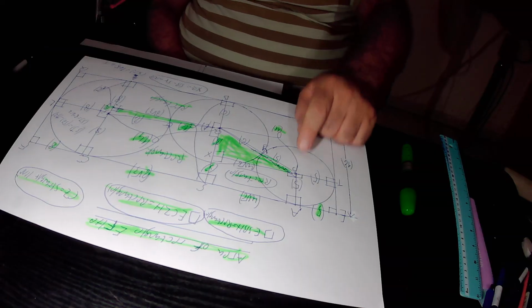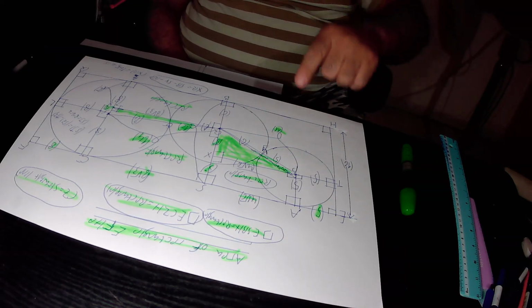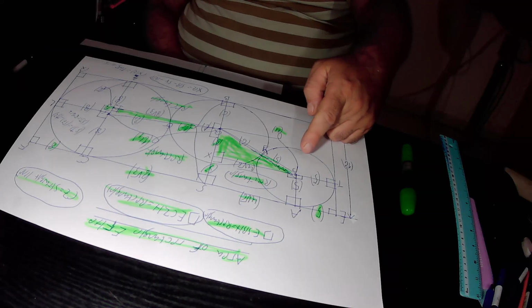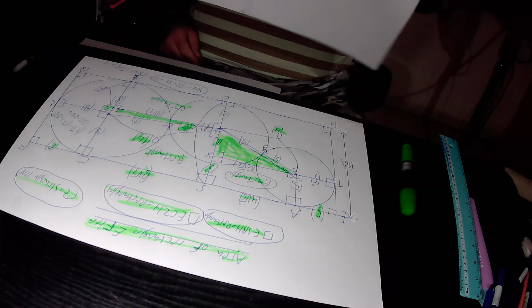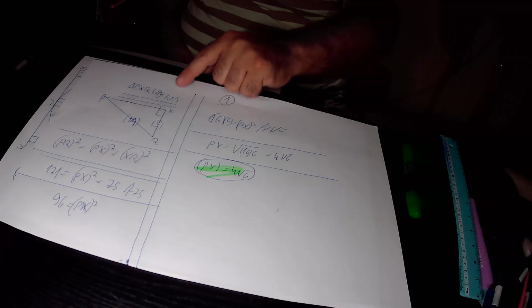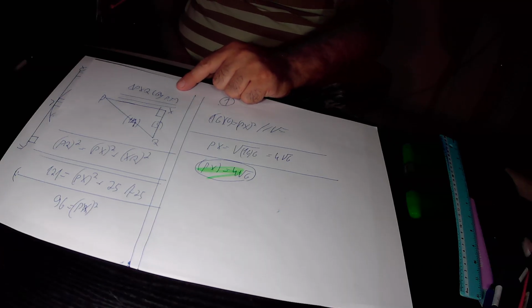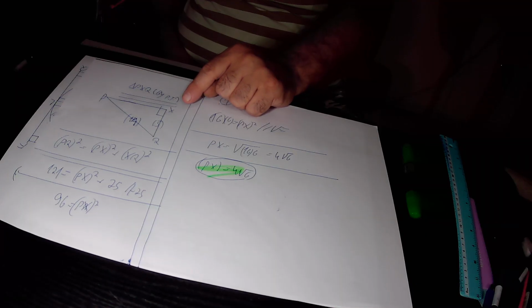In the next step, I copied the right green triangle PXQ onto a new page, and we implemented the Pythagorean theorem on this right green triangle PXQ. So here, this is the right triangle PXQ that I copied from the original drawing. In this right triangle PXQ, PQ squared, that is the square of the hypotenuse, equals PX squared plus XQ squared.